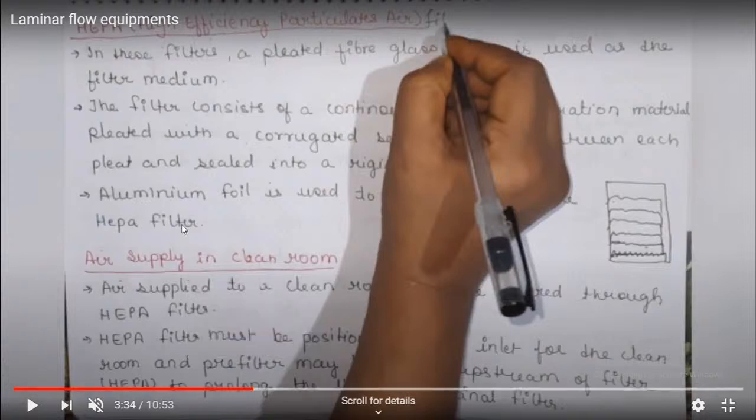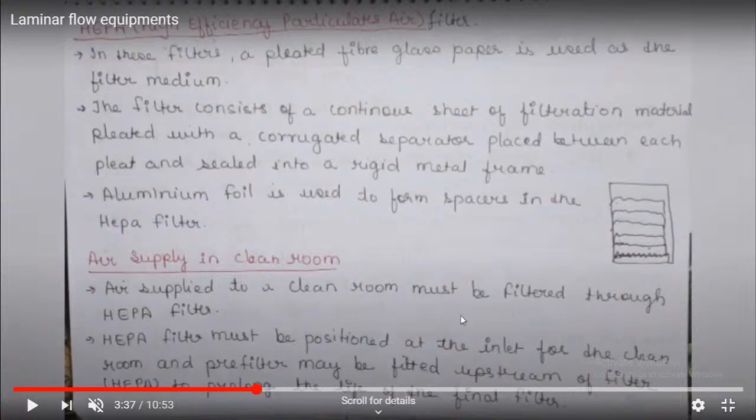Next, the HEPA filter. This filter is made of fiberglass paper, used as the filtering media. The filter consists of a continuous sheet of filtration material, pleated and sealed with corrugated separators placed between each pleat, and sealed into a rigid metal frame. Aluminum foil is used as the separator in the HEPA filter.